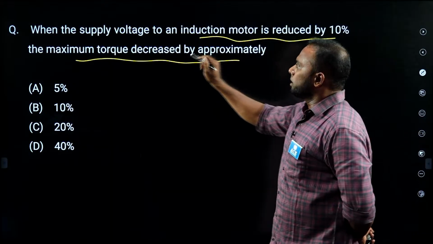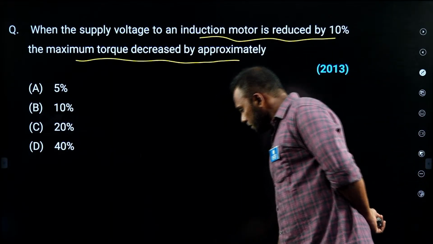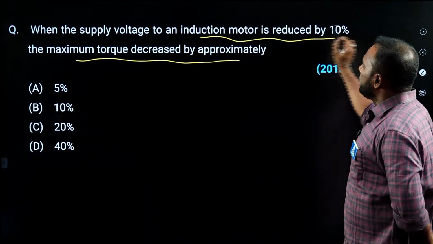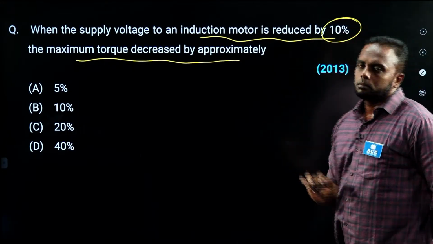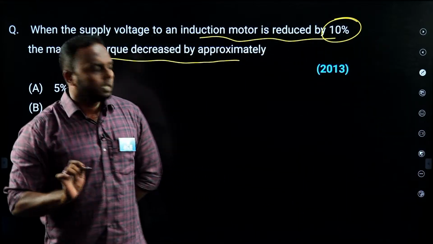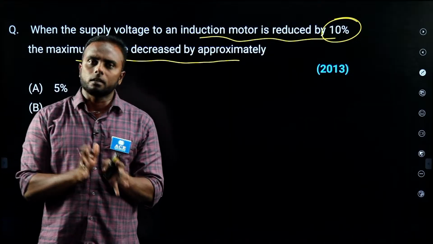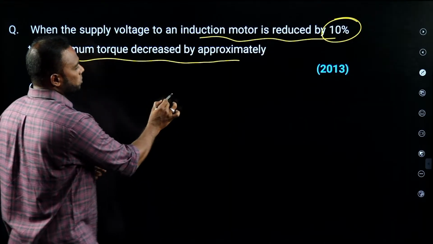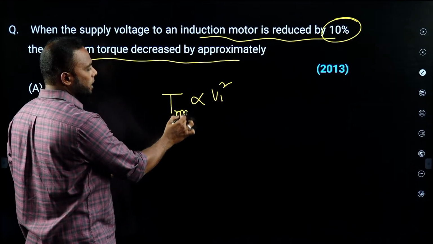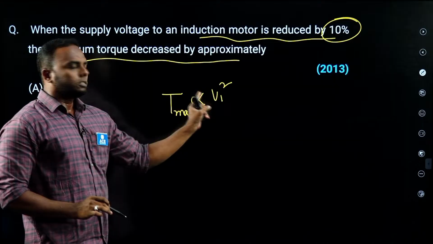So here maximum torque decreases by approximately dash. What is your answer? Voltage reduced by 10%. Maximum torque reduced by what percentage? Not only maximum torque, even starting torque, any torque you take, torque is related to the square of the voltage. So maximum torque is proportional to the square of the supply voltage. Initially let it be 1 V1 square.